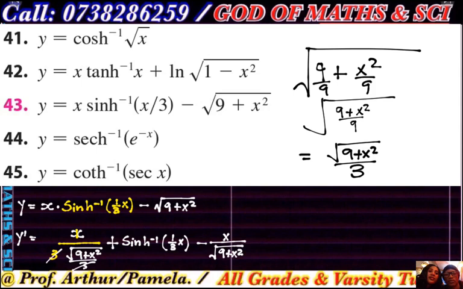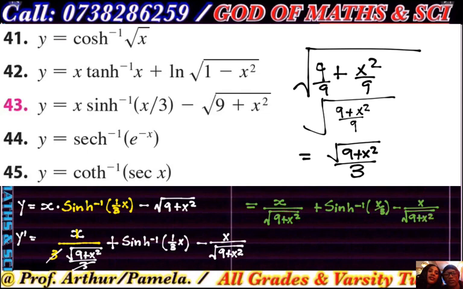Now this is what we got. I'm going to write it in green. Here we now have x divided by the root of 9 plus x squared, and then plus arcsinh of x over 3, and then minus x over the root of 9 plus x squared.